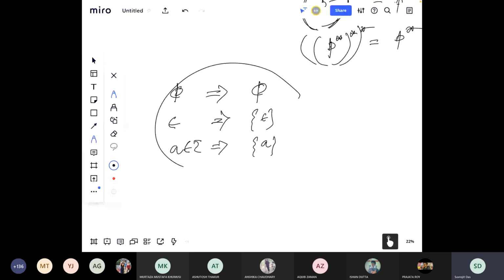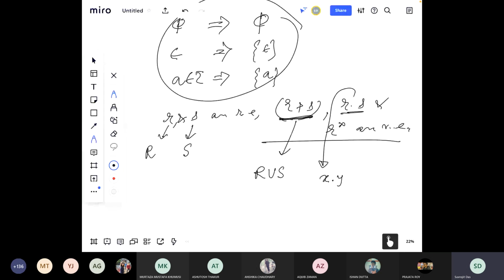Now, what do they denote? If these are regular expressions, what do they denote? If R is a regular expression and S is a regular expression, they should be denoting some sets, capital R and capital S. So R plus S is a regular expression that should be denoting R union S. R dot S is a regular expression that should be denoting strings X followed by Y, such that X belongs to set R and Y belongs to set S. Is the interpretation correct?